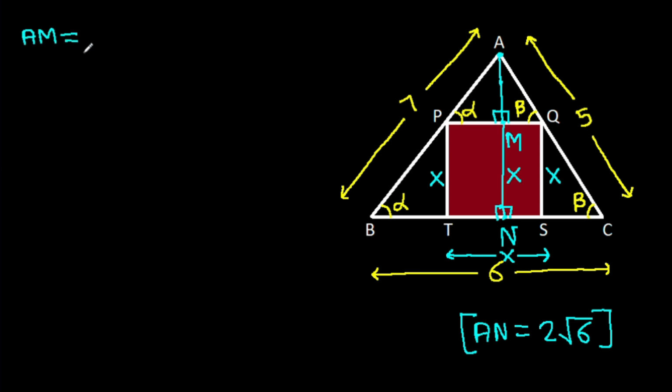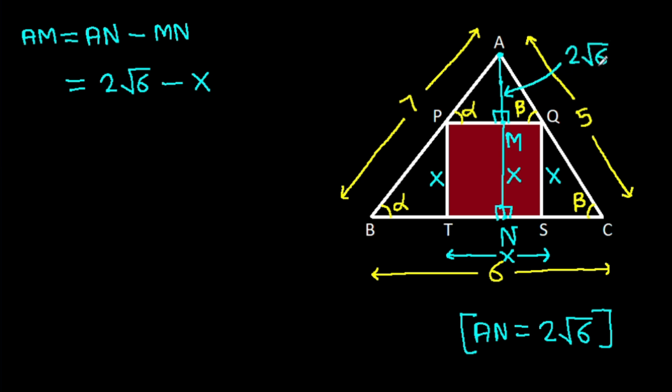And AM will be equal to AN minus MN, and AN is 2 times root 6 minus MN is x. So AM is 2 times root 6 minus x.